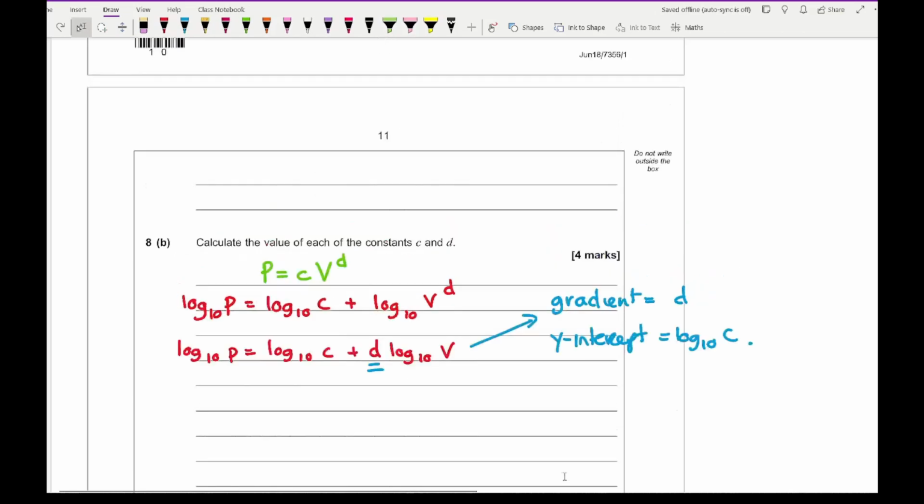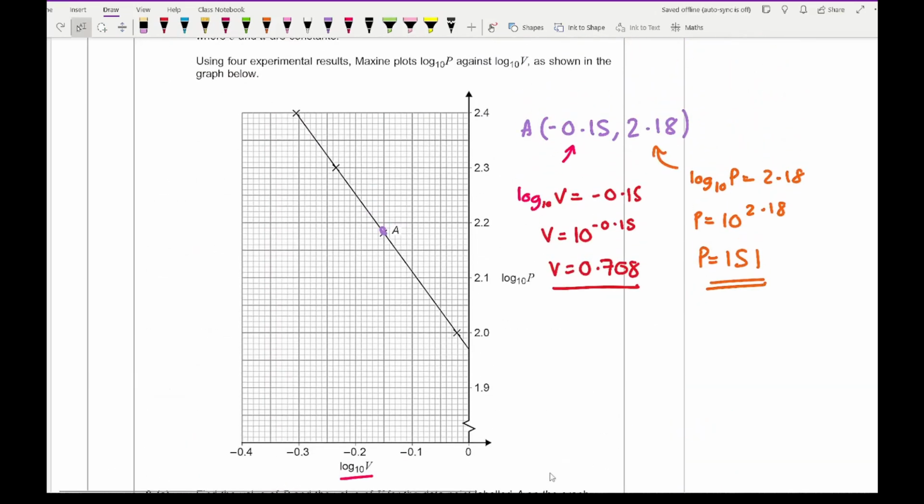So if I go back to my graph here, I pick two roughly nice coordinates, and draw a triangle. So let's use this point here and the y-intercept. Actually, let's go for this point here. You want to pick a nice coordinate and have your triangle as big as possible.